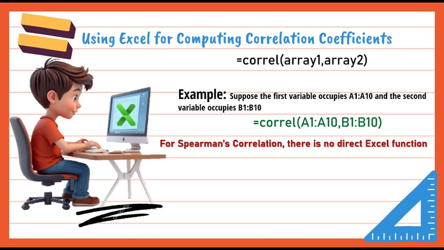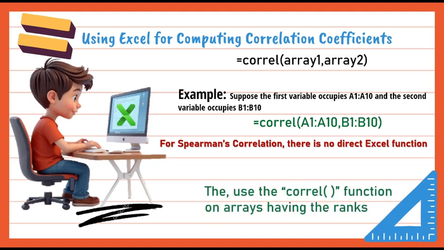Now, for Spearman's rank correlation coefficient, we do not have any direct Excel function like CORREL, but we can still use it. How? First, we use the CORREL function after ranking the data set. So, how to compute the ranks? If the data already are ranks, then you can just use these ranks and use the CORREL function to compute.